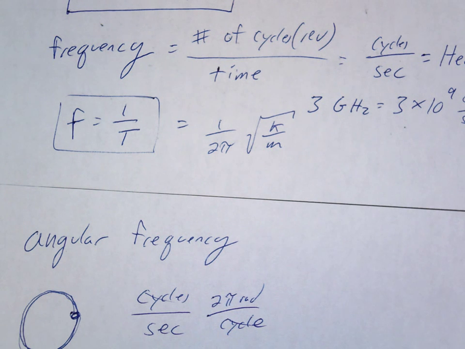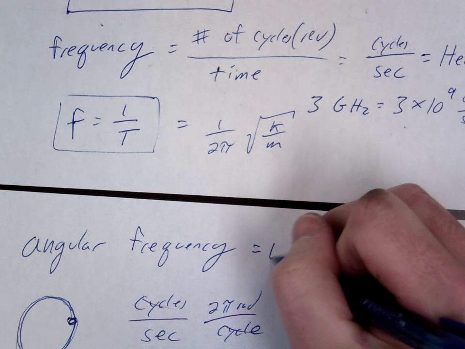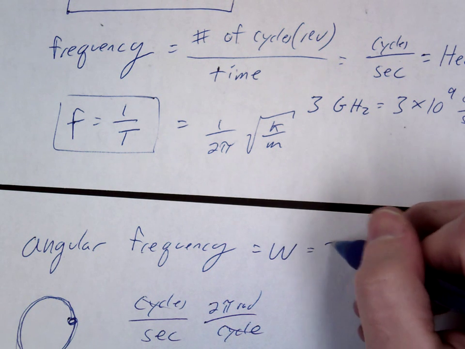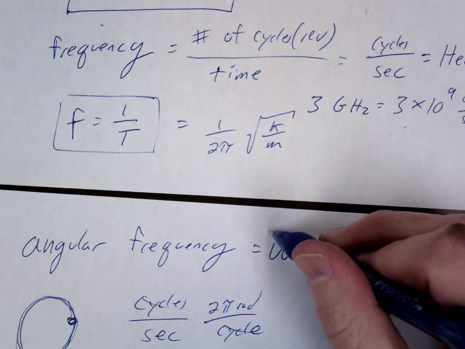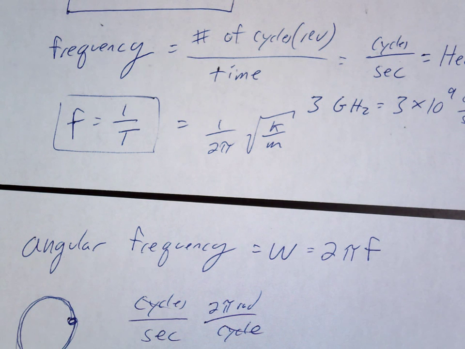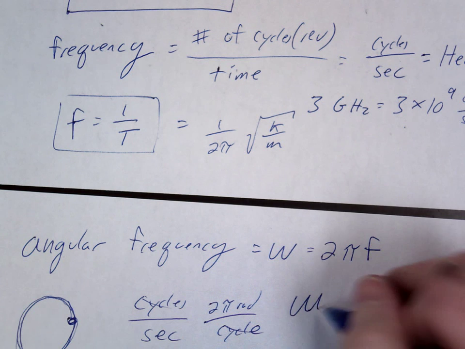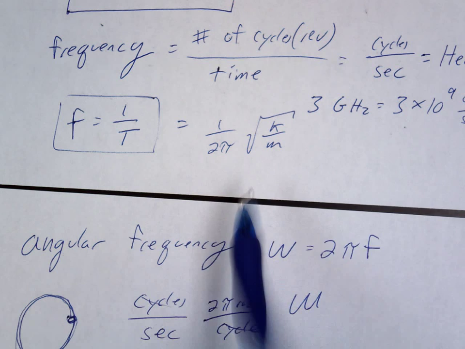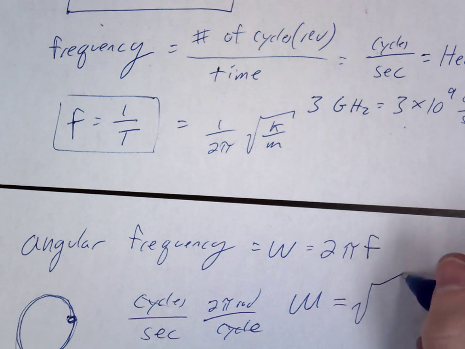Okay, therefore, angular velocity, which we use the same symbol we used before for angular velocity and angular frequency, they really just have the same meaning, is equal to 2 pi f. Okay, so for a spring, let's go back to right here. What's 2 pi f going to be equal to? Square root of K over M.